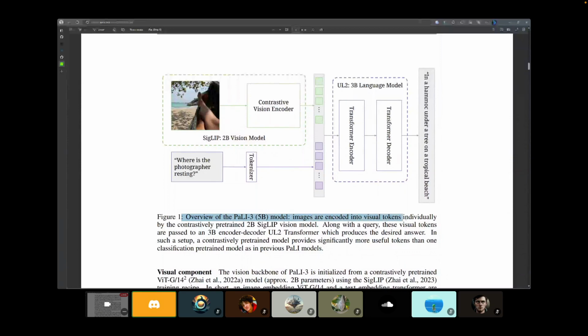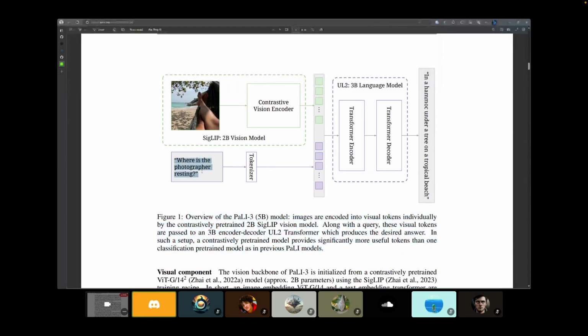Images are encoded into visual tokens individually by the contrastive pre-trained 2 billion SigLIP vision model. Along with the queries, these visual tokens are passed to the 3 billion encoder-decoder UL2 transformer, which produces the desired answer. In such a setup, a contrastive pre-trained model provides significantly more useful tokens than one classification pre-trained model, as in the previous PaLI models.